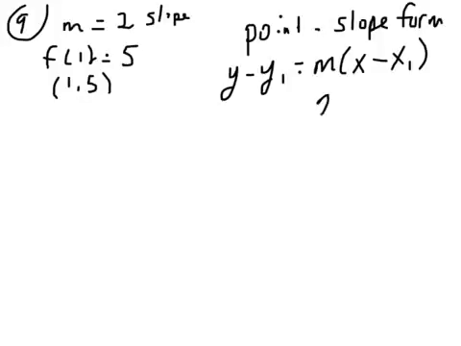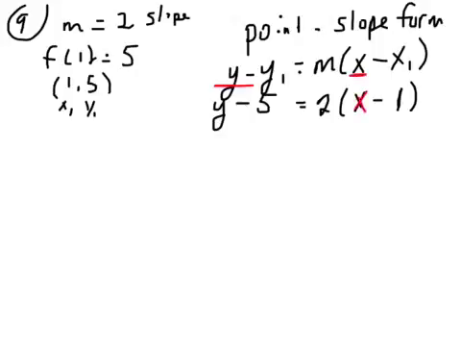My slope is 2, so that goes over here where the m is. This point over here, there's my x1 and my y1. I only got 1 point, so it's x sub 1, y sub 1 if we're using the correct terminology. So that's 1. And then over here, y minus y1 is 5. In case you have a hard time with this, the y and the x always stay in the equation. They don't get filled in with anything, okay? But anyway, there's your equation right there.